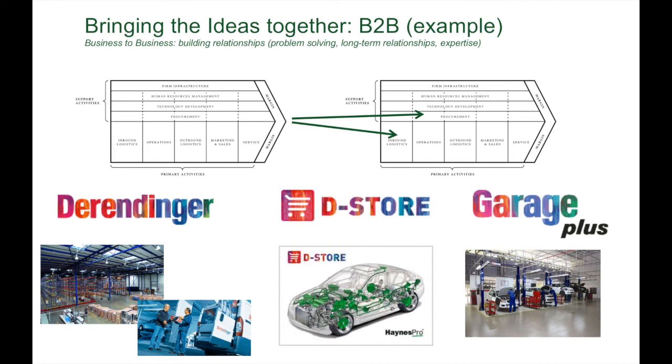It's basically a huge online catalog where you can find any spare part with a lot of information: how to order, when to order, how to install, what to take care of, what other tools to use, what other spare parts to maybe also order or that are also necessary. And it goes as far as the concept of the Garage Plus.